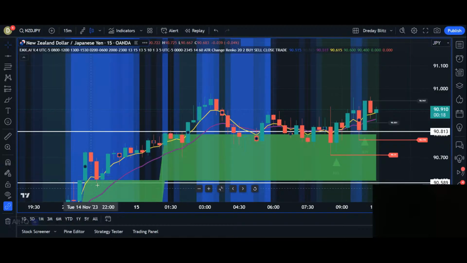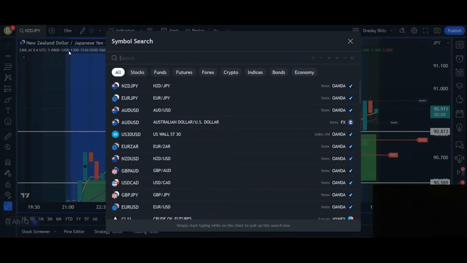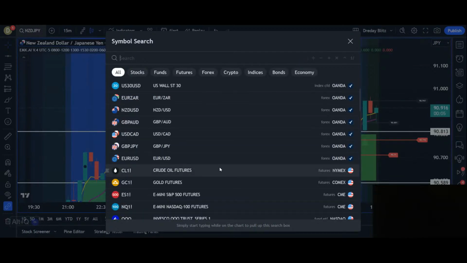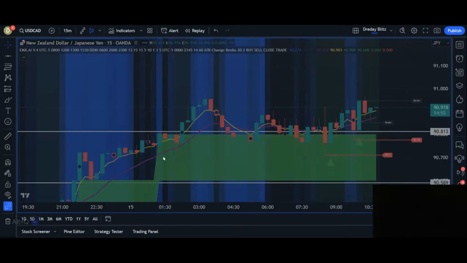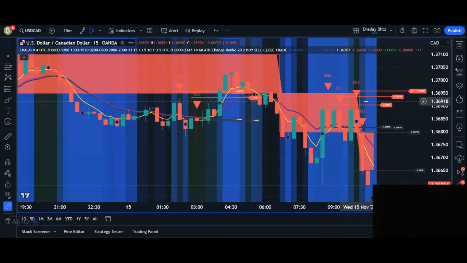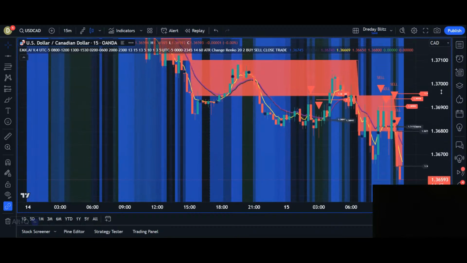Let's look at something else here. Okay, let's look at the USD CAD.